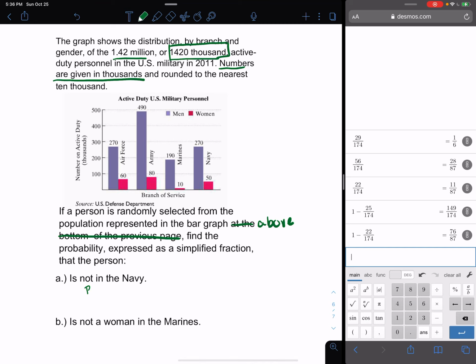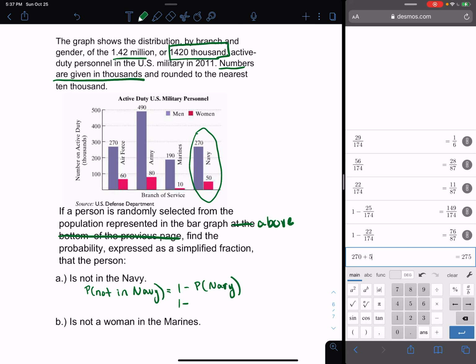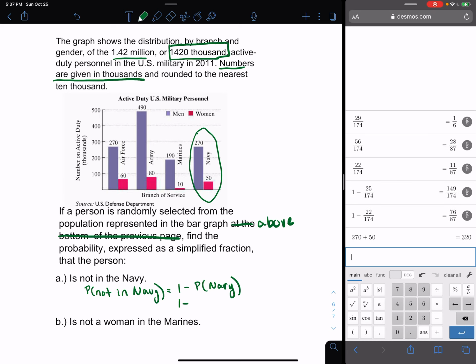So remember that probability that they're not in the Navy is 1 minus the probability that they are in the Navy. So I'll do 1 minus. If I'm looking at the probability that they're in the Navy, I need to include the 270 males and the 50 females. So that's going to give me 320. So that's what I want over the total amount.